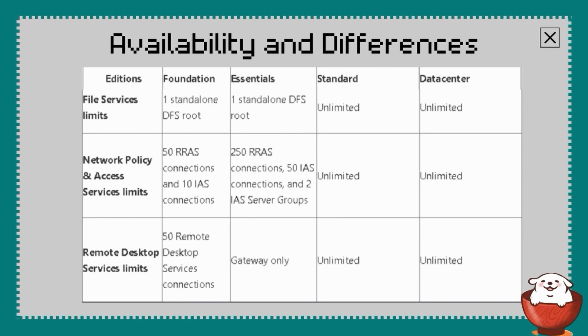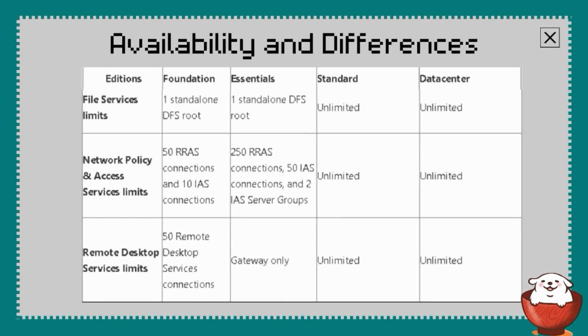When it comes to network policy and access service limits, the Foundation only has 50 RRAS connections and 10 IAS connections, while the Essentials is multiplied by 5, which has 250 RRAS connections and also contains 50 IAS connections and also 2 IAS server groups. The Standard and Datacenter editions are unlimited.